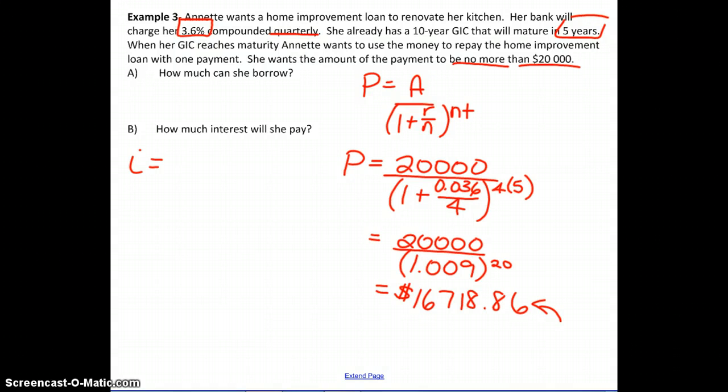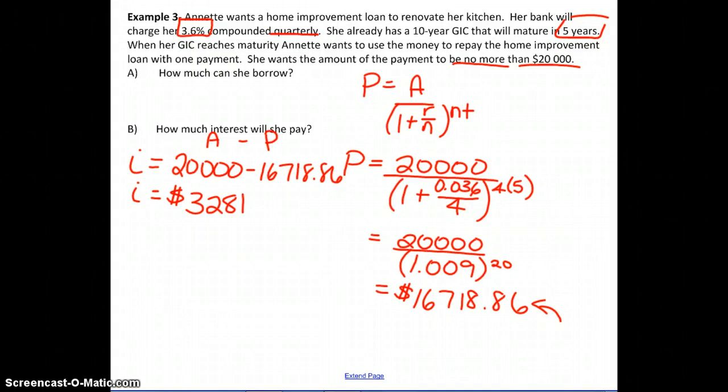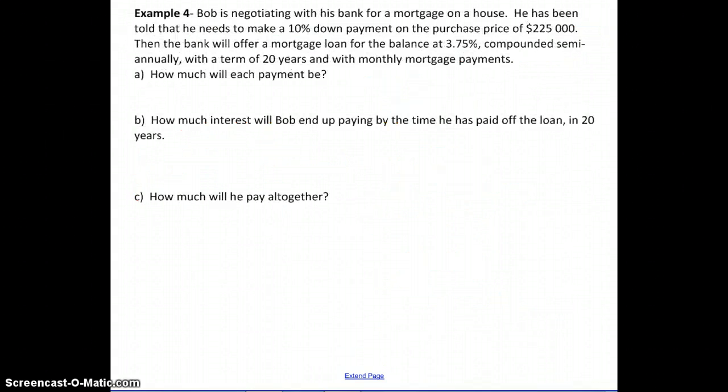Your interest is always going to be your future value minus your present value, A minus P. So $20,000 minus $16,718.86. The interest that she's paying on this loan is actually $3,281.14.